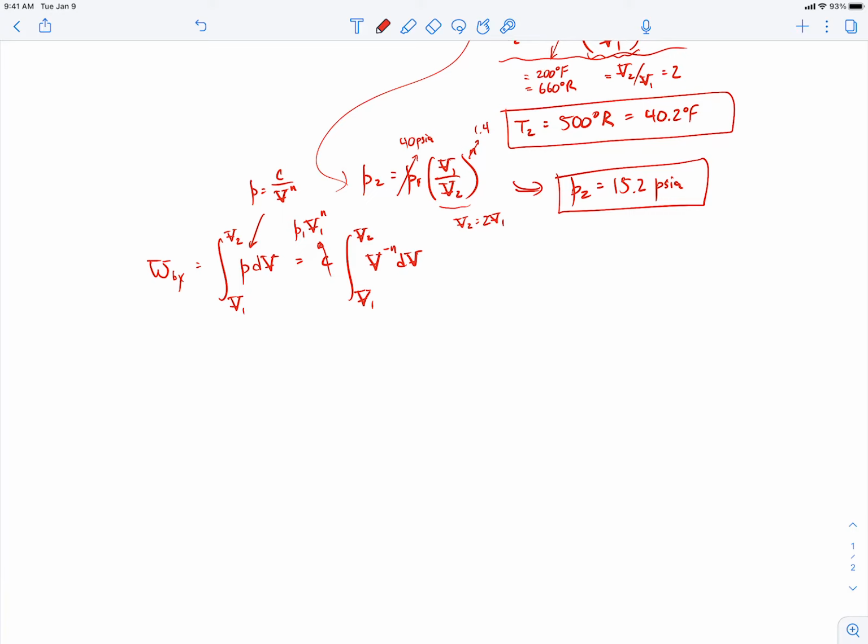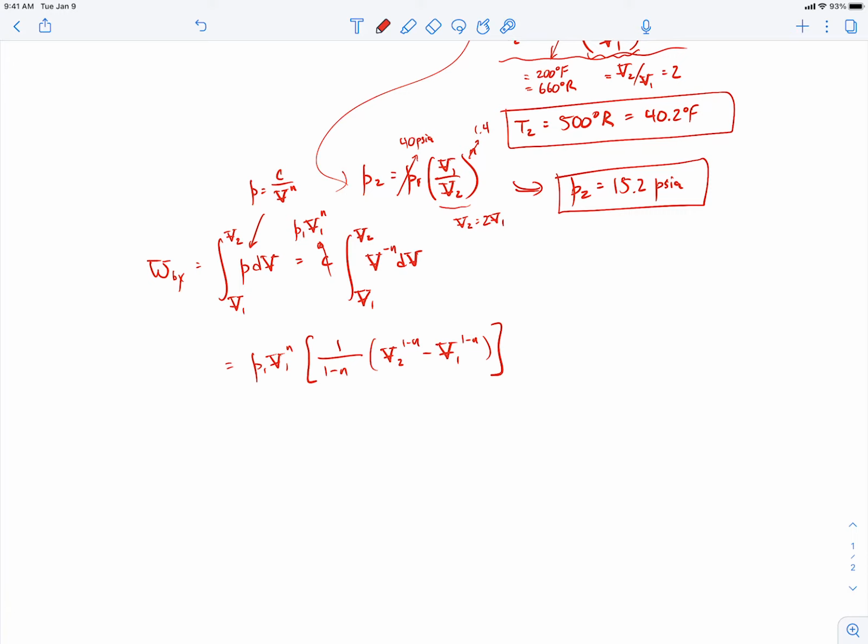Okay, so let's go ahead and evaluate the integral. Let me do that down here. This will be P1 V1 to the n times 1 divided by 1 minus n, times V2 to the 1 minus n minus V1 to the 1 minus n. I'm just integrating.